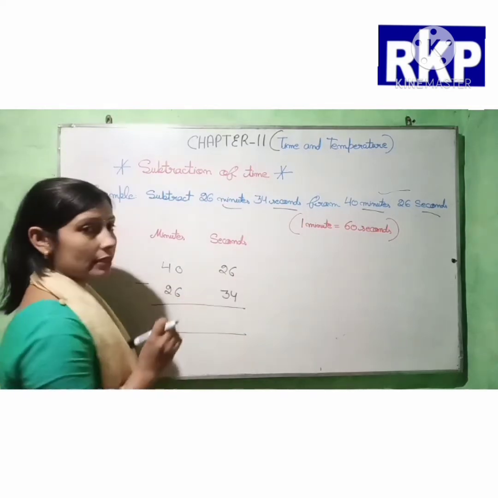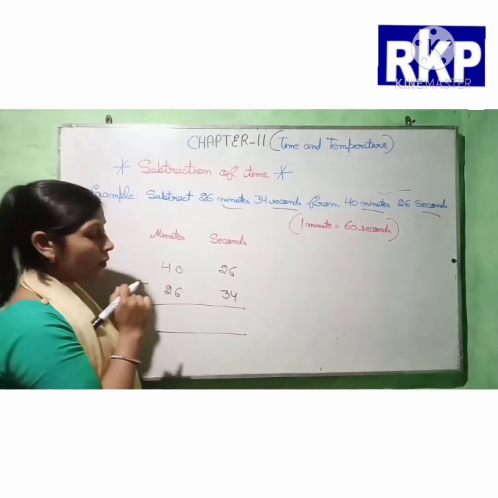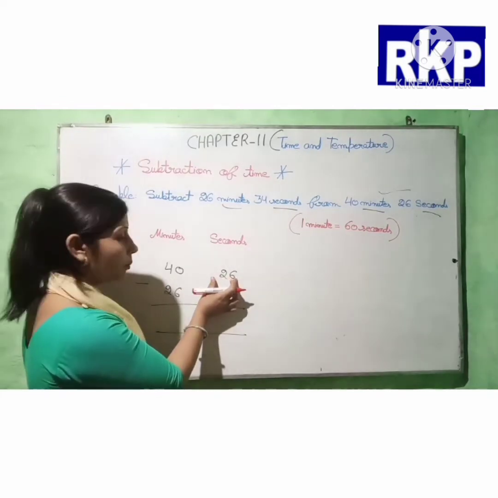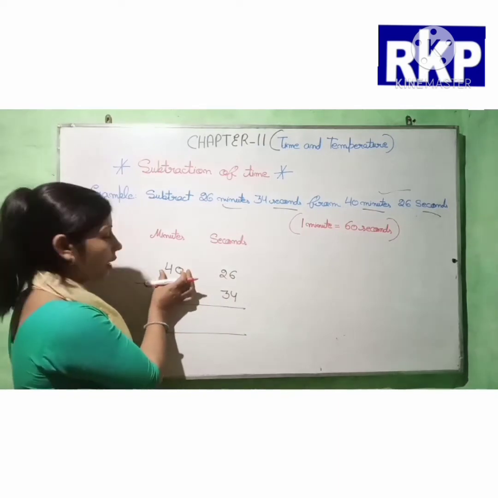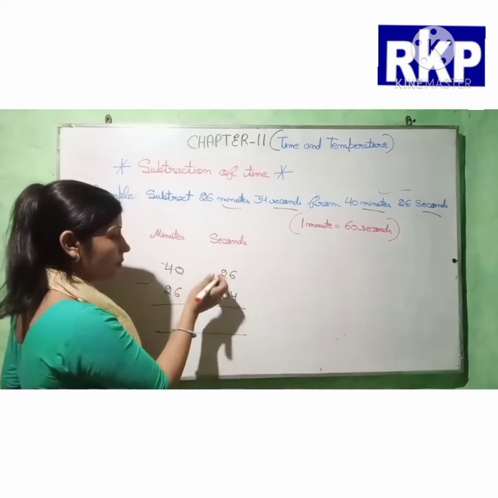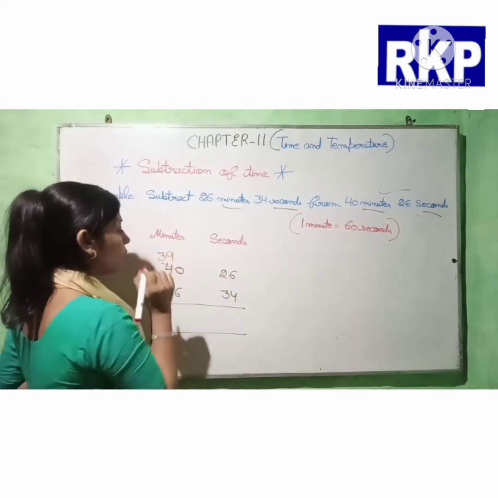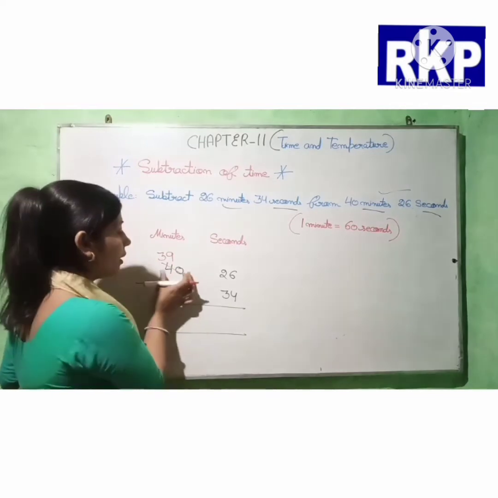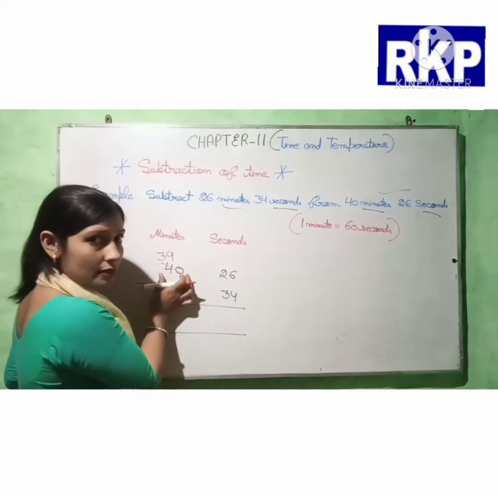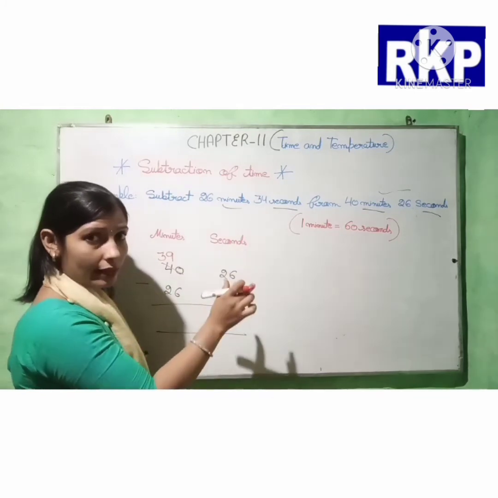So 26 seconds will borrow from 40 minutes. Okay, 26 will borrow from 40. So when 40 will give 1 to 26, here only 39 is left. Okay, and 40 minutes will give 1 to 26 seconds.